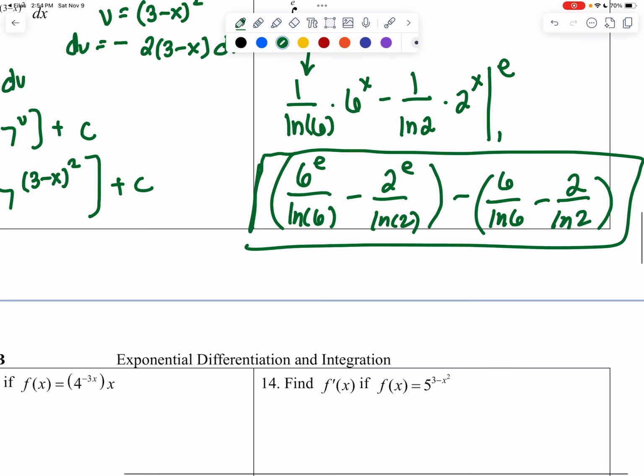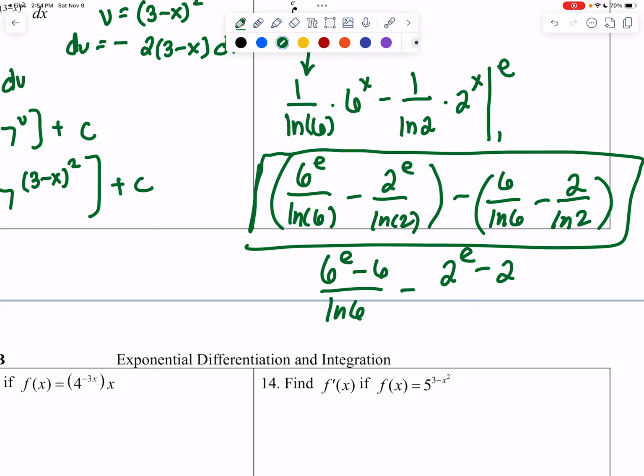If you want to be fancy and simplify, you can. However, we know that it's better to not simplify because you're going to lose the answer point if you simplify incorrectly. So just keep it like that and call it a day.